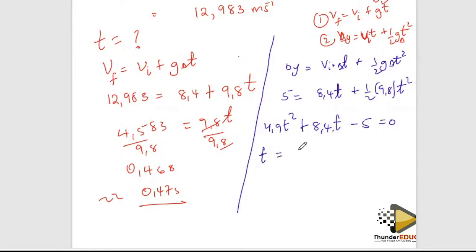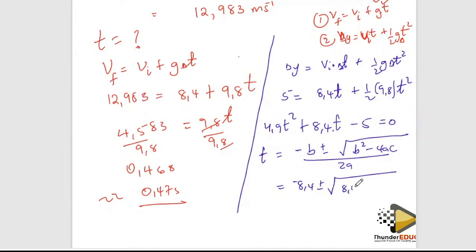Then I need to use my quadratic formula, that's negative b plus or minus the square root of b squared minus 4ac over 2a. So our b is 8.4, and we have the square root of 8.4 squared minus 4 times 4.9 times negative 5, over 2 times 4.9.